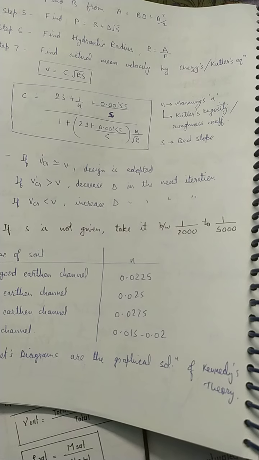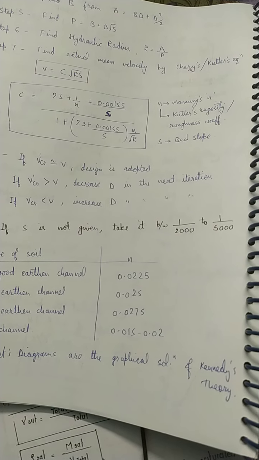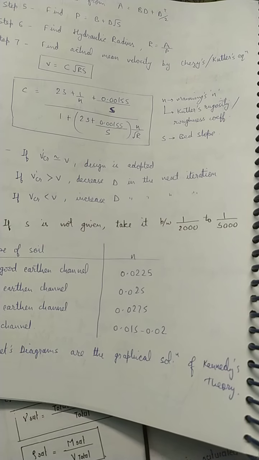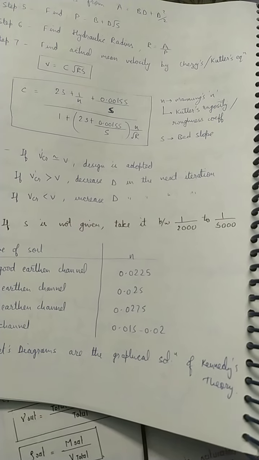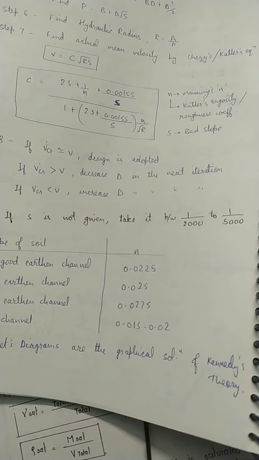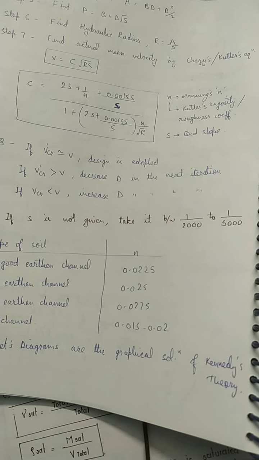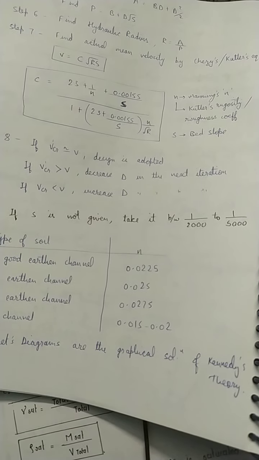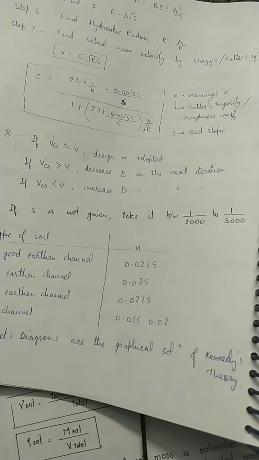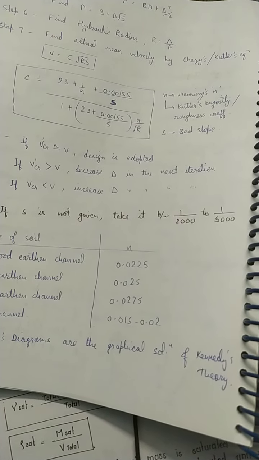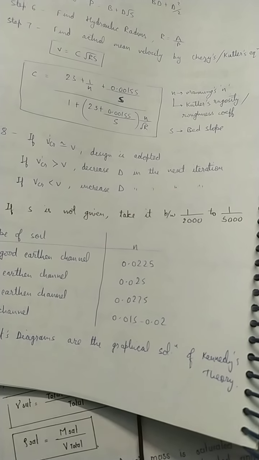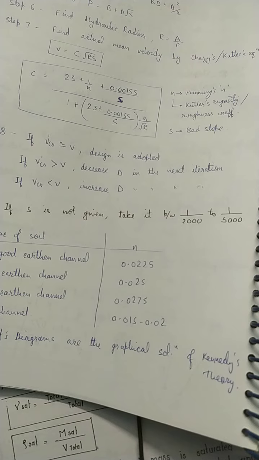If V critical is equal to this actual mean velocity, then the design is adopted. If V critical is greater than the actual V, then we need to decrease D, that is decrease the critical velocity. The formula for critical velocity is 0.55 m d raised to the power 0.64.